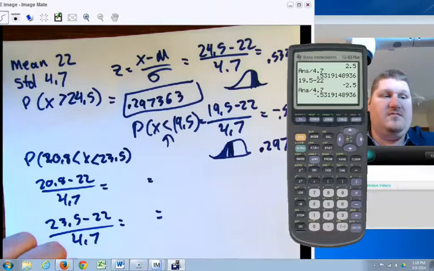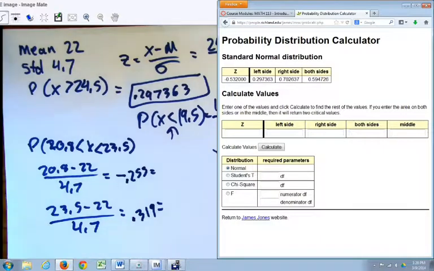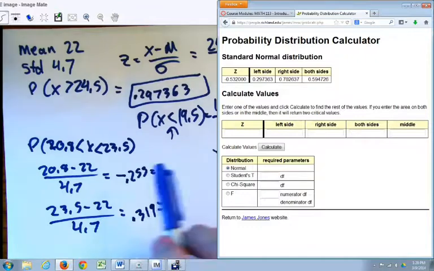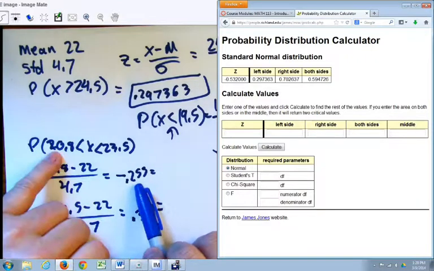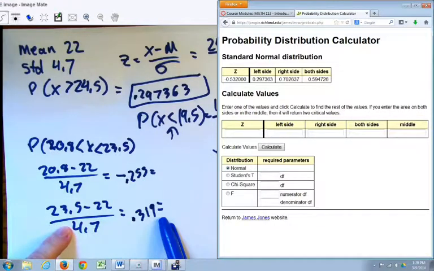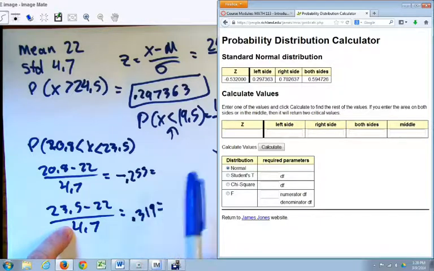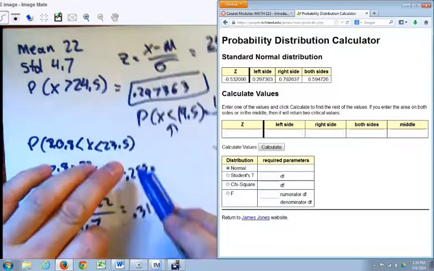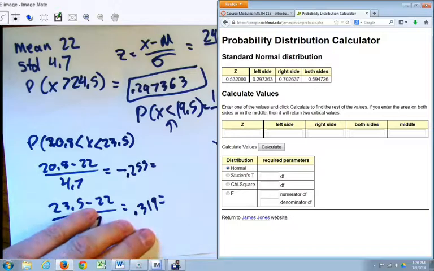By doing the calculations, we come up with a z-score for the lower number of negative 0.255. For the higher number, the z-score is 0.319. And we've got to put them in the probability distribution calculator.